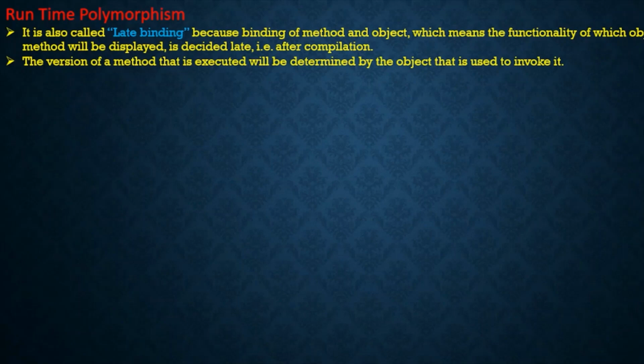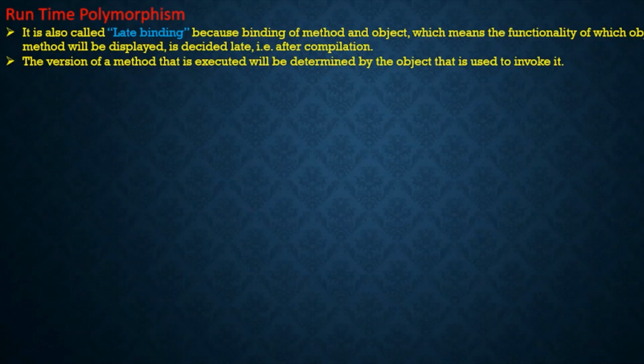If we have a Dog class which extends from the Animal class, and we create the object of the Dog class by holding it with a reference variable of the parent type, then at the time of calling, it is going to execute the method that is there in the subclass, that is the Dog class.